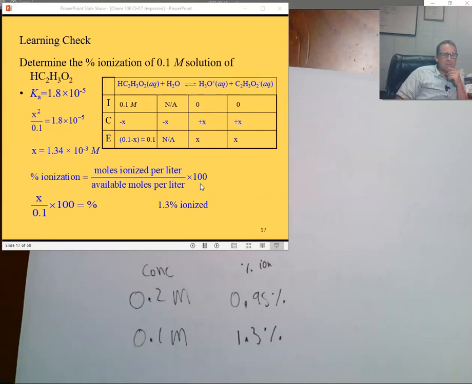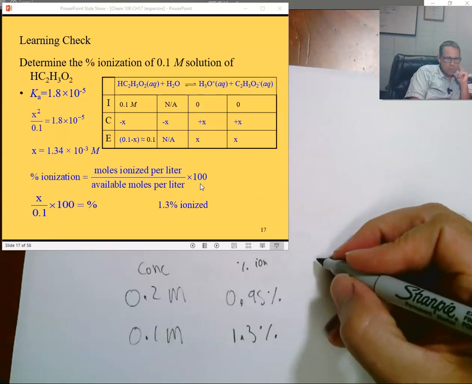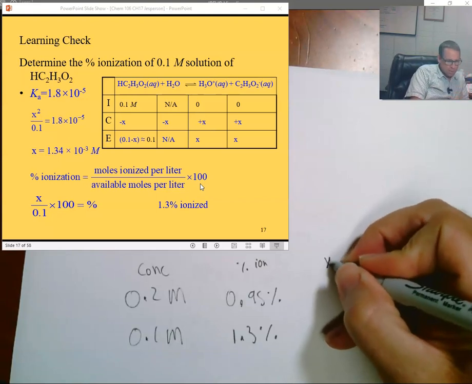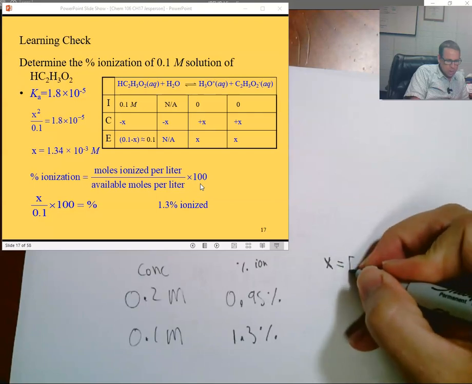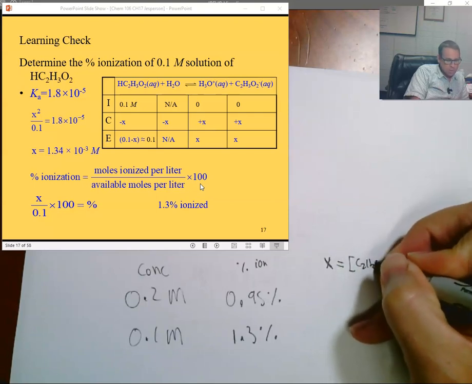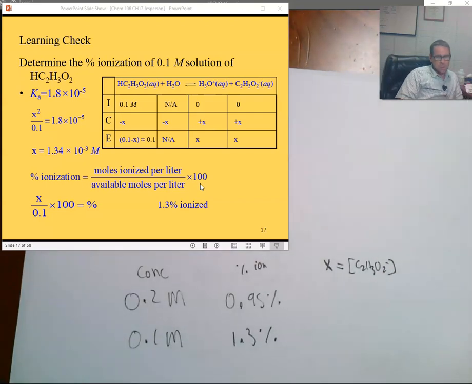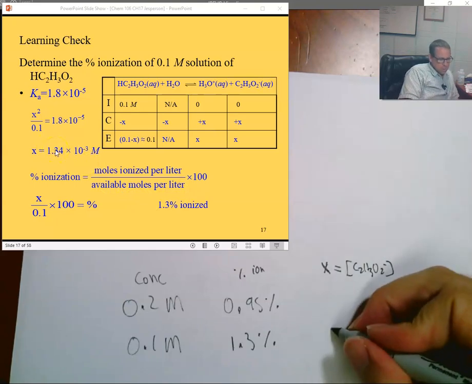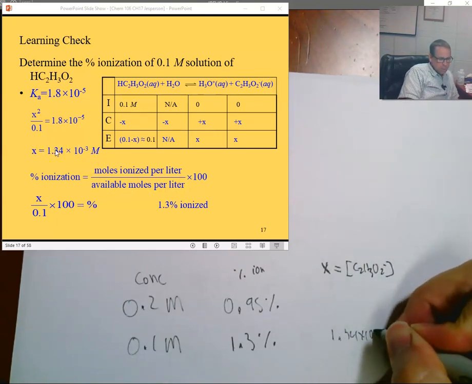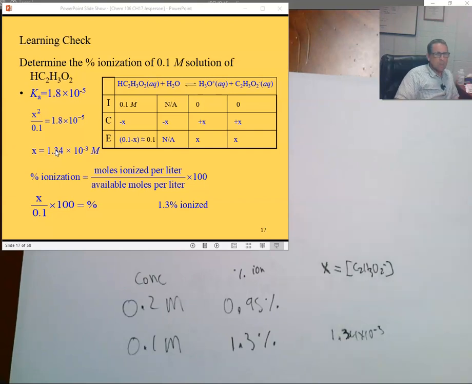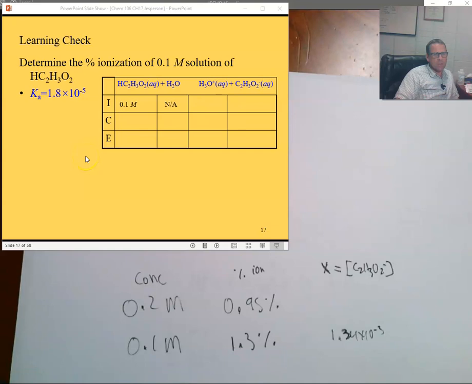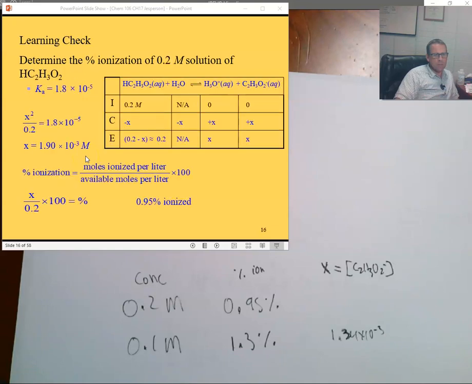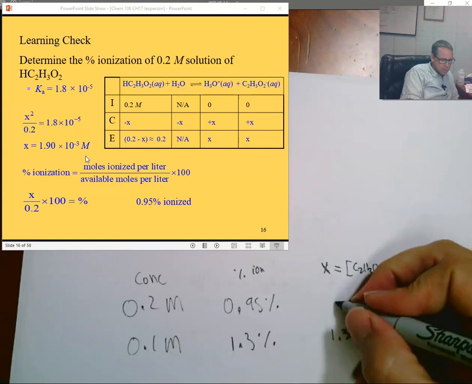So what's going on there? We should include one more thing here, the actual X value, which is equal to the concentration of our C2H3O2 minus. For our 1.3%, the X value was 1.34 times 10 to the minus 3. And for our 0.95%, or our 0.2 molar concentration, the X value was 1.9 times 10 to the minus 3.